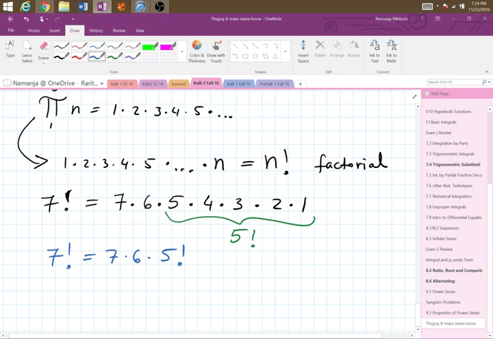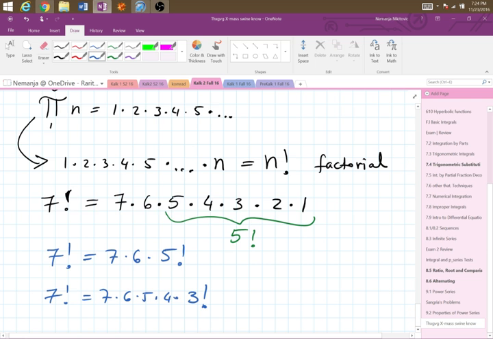As long as the sequence of 5 times 4 times 3 times 2 times 1 is not ruined, I have the 5 factorial there. I can write 7 factorial as 7 times 6 times 5 times 4 times 3 factorial, because 3 factorial will have 3 times 2 times 1.